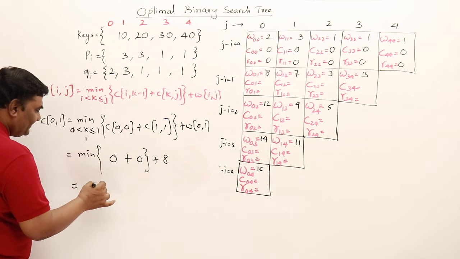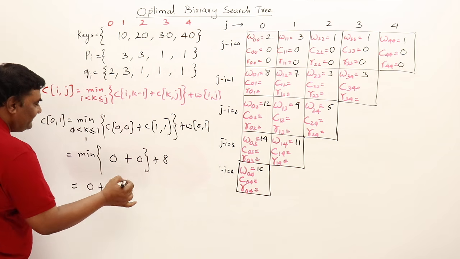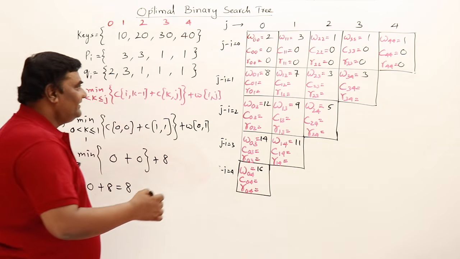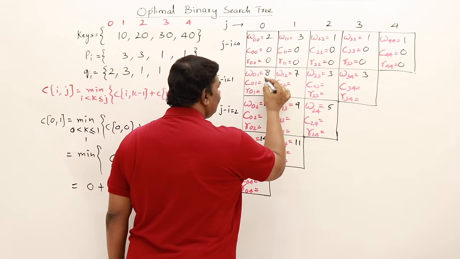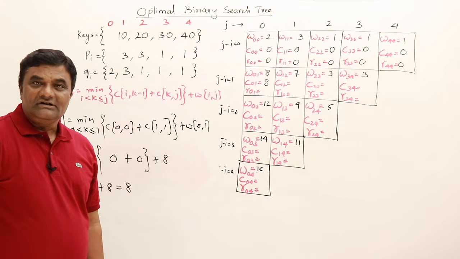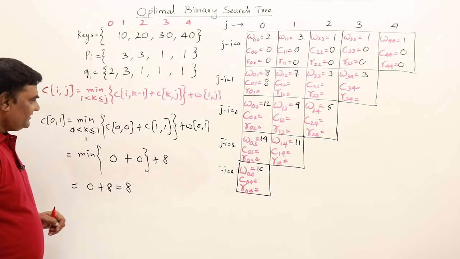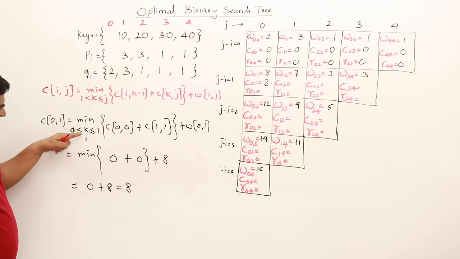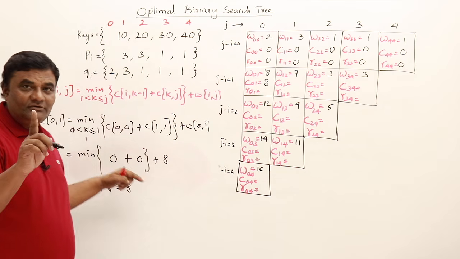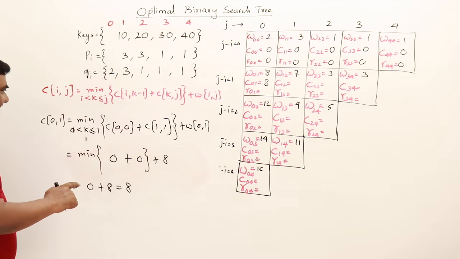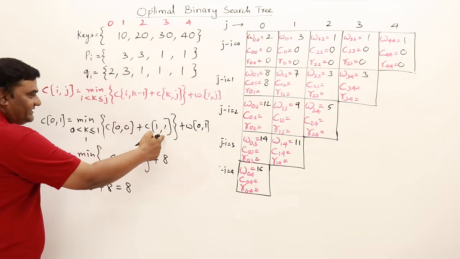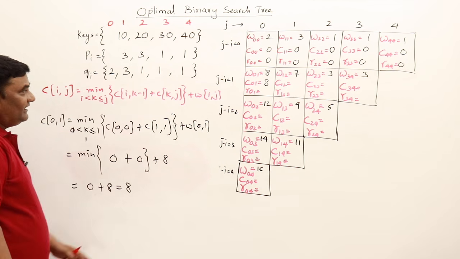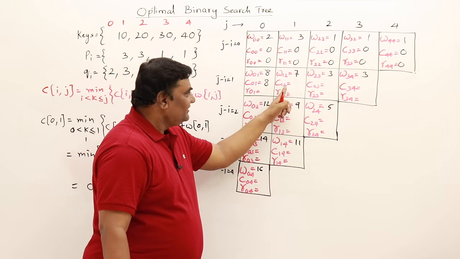So this is 0 plus 8 is 8. So the cost of 0 comma 1 is 8. That is the first value we got. If you observe, only one k value is possible. So here this is becoming 0, 0 and this is becoming 1, 1.